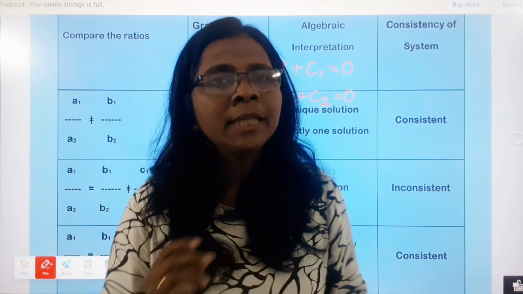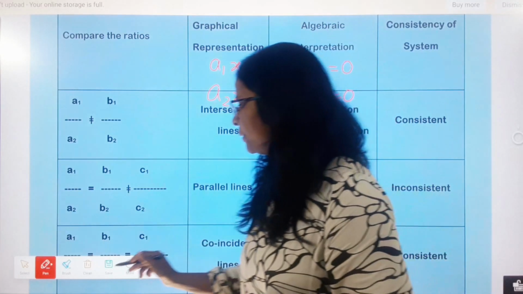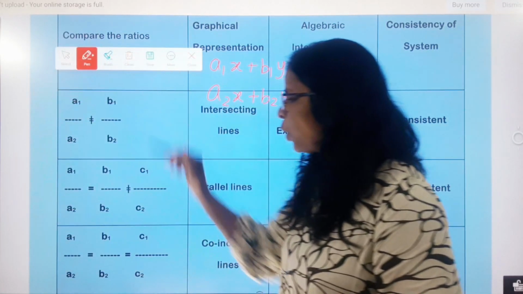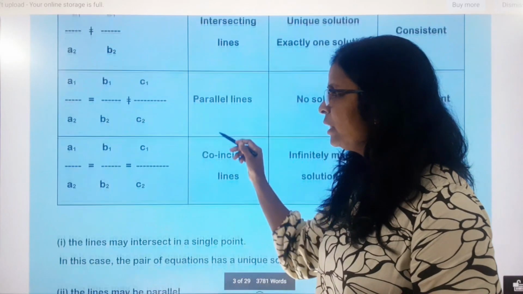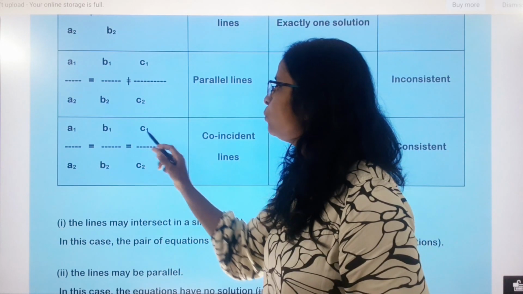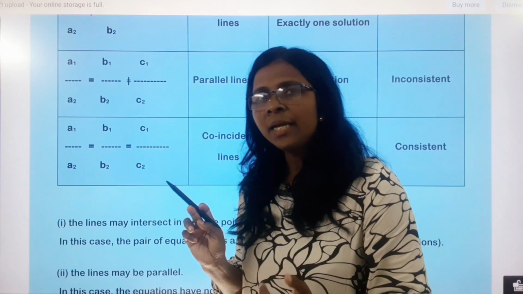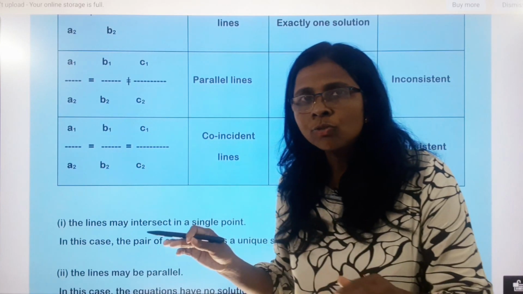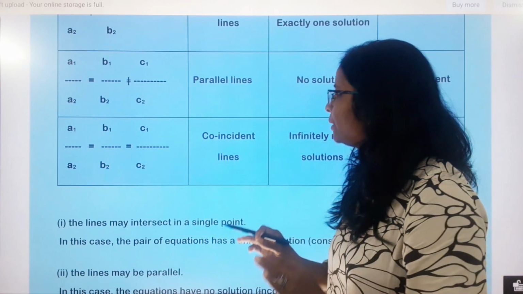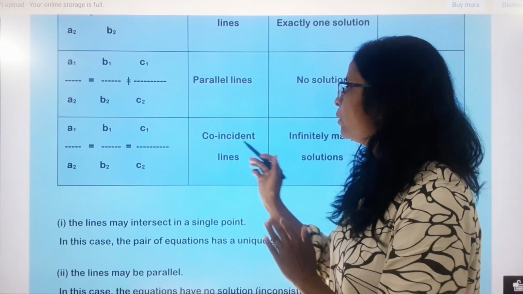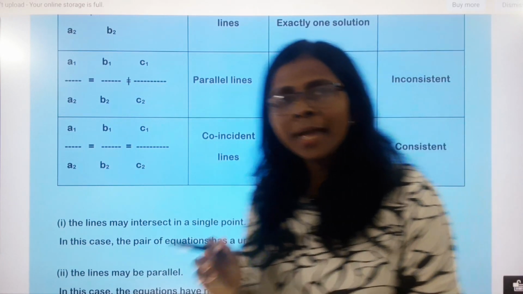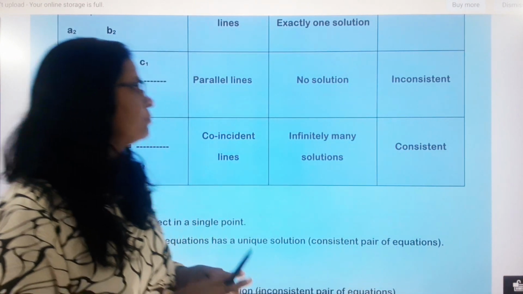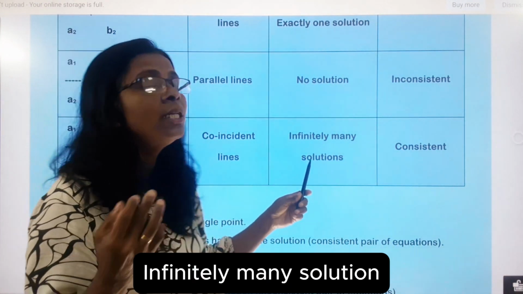Okay, and the third condition is that if a1 upon a2 is equal to b1 upon b2 is equal to c1 upon c2. See carefully, all the three ratios are equal here, and that means we get the coincident lines. If the lines are coincident, that means infinitely many solutions.